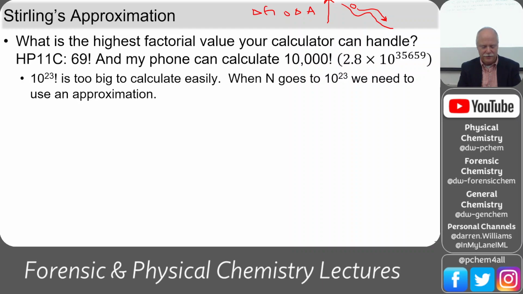Wow, 1,000 is 4 times 10 to the 2,567. Let's see. Oh, I said right here on the screen, my phone can calculate 10,000 factorial, which is 2.8 times 10 raised to the 35,659 power. But that's still not a lot compared to the number of molecules, say, in a mole, right?